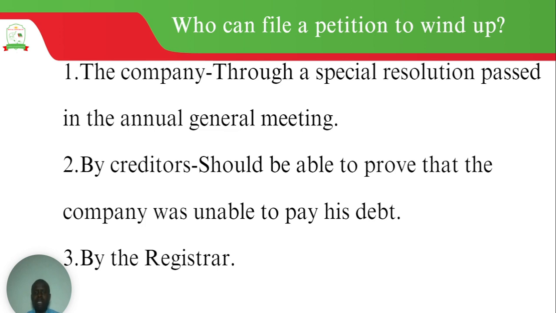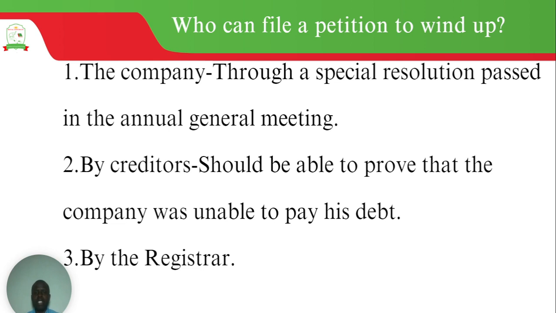Now, if the registrar's office realizes that you have gone beyond powers, beyond what you have stated in the object clause, that is also what we refer to as a doctrine of ultra vires. So you have gone against the stated objectives of the company.